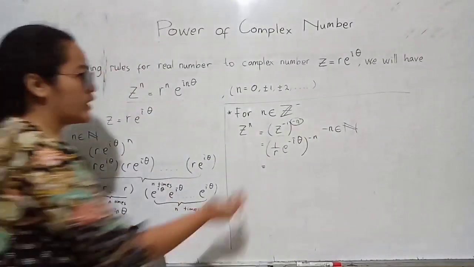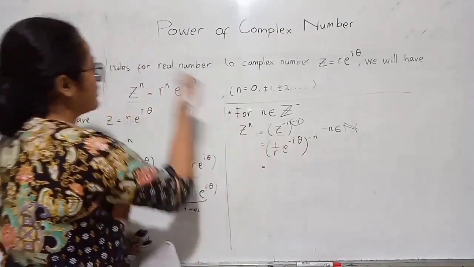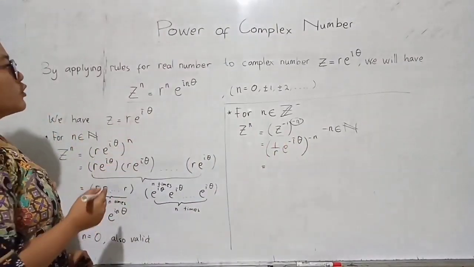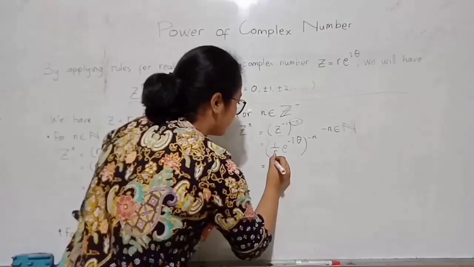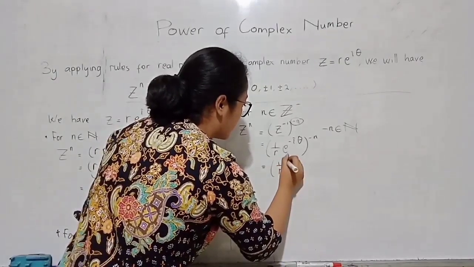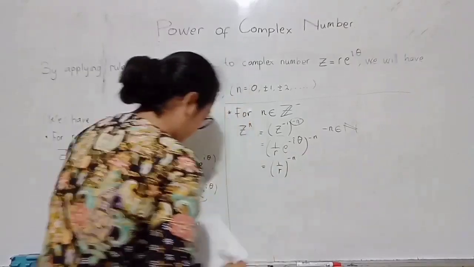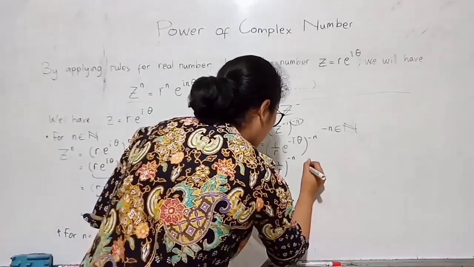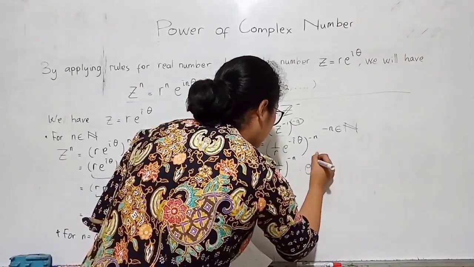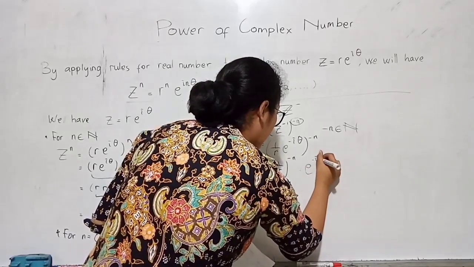After that, we operate it as usual by applying rules for real number: 1 over r, over negative n, times exponential negative i n theta.